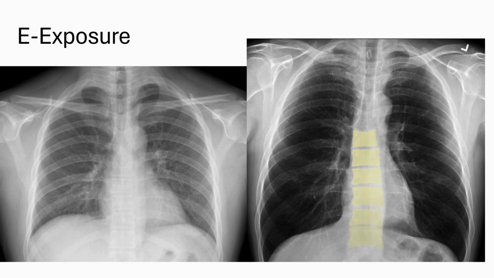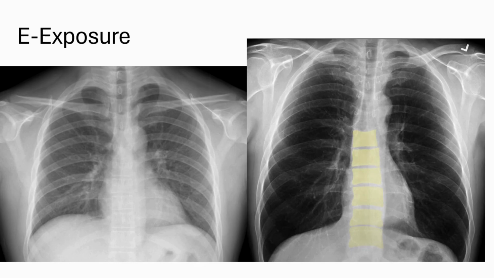Now E for exposure. What we see in exposure is that the spine should be just visible through the heart shadow in the lower thoracic region. This is called a well-exposed film. In this, the lung field is visualized adequately with lung bronchovascular markings.